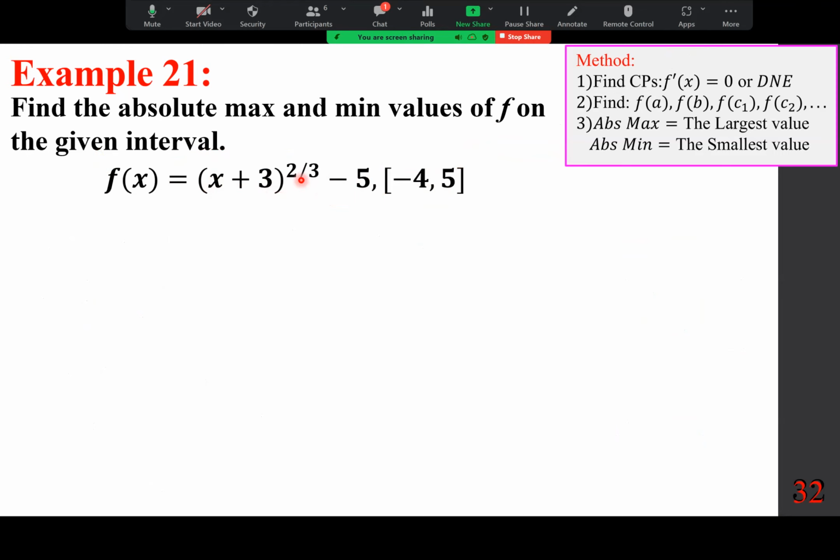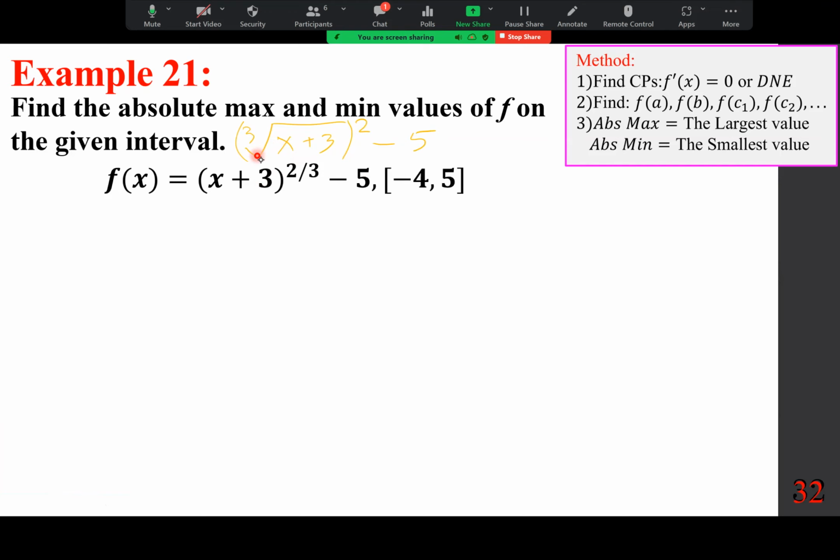The function is the cube root of (x plus 3) squared minus 5. So I hope you realize that in essence, it's a cube root. That's the function that you're interested in. Of course, you square, then you subtract 5. You can obviously graph it if need be.